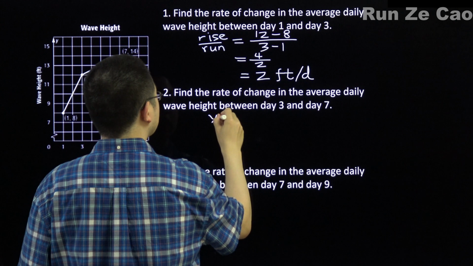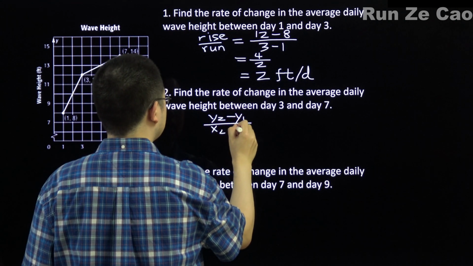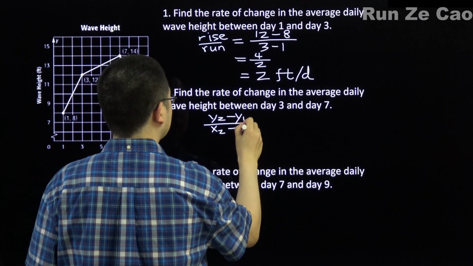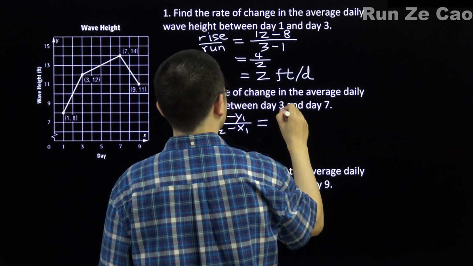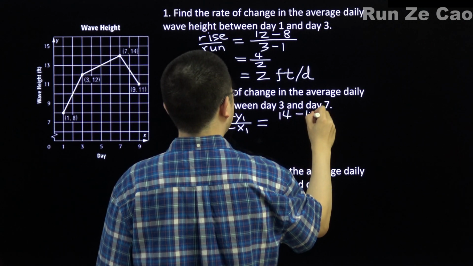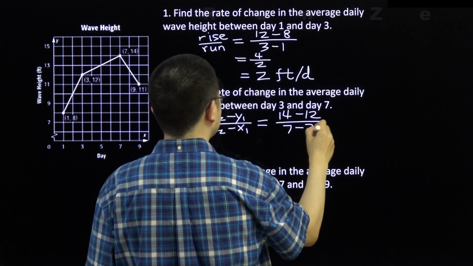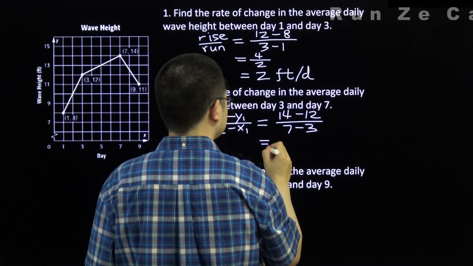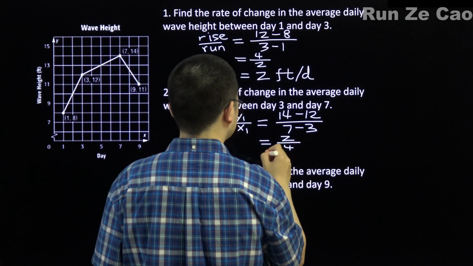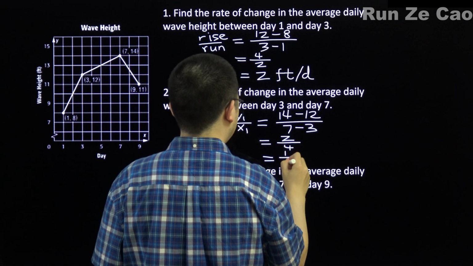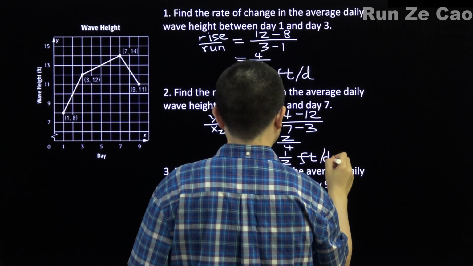So y2 minus y1 over x2 minus x1. y2 is 14 minus 12 over 7 minus 3. So we're talking 2 over 4. So 1/2 feet per day.